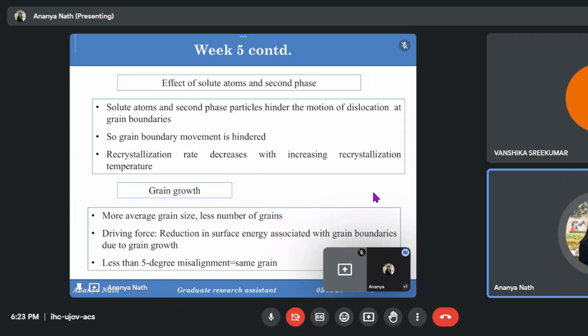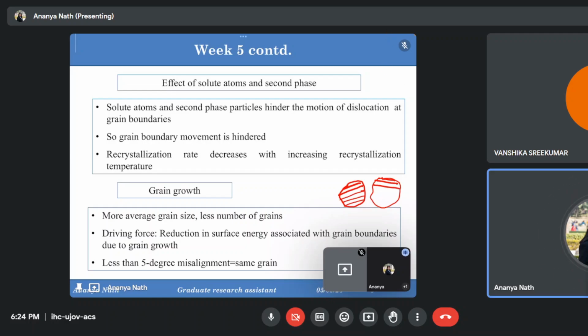The driving force for this is the reduction in surface energy associated with grain boundaries due to grain growth. The grain will try to grow if there is less than 5 degree misalignment, the same grain. We saw in the last class that if there are two grains, both the grains have their lattice or crystallinity in a particular direction.